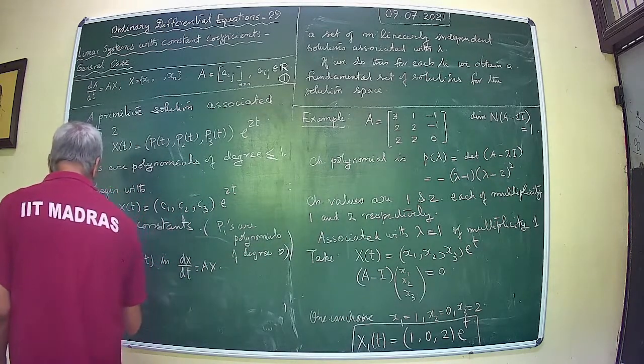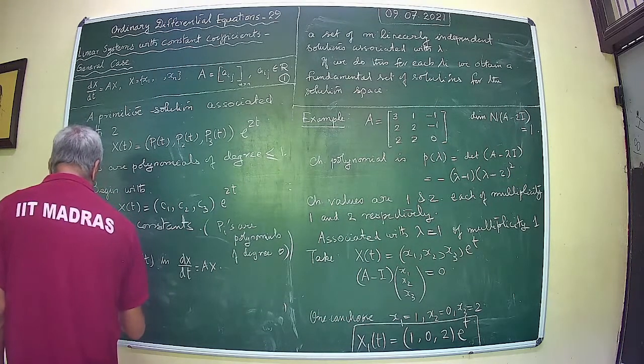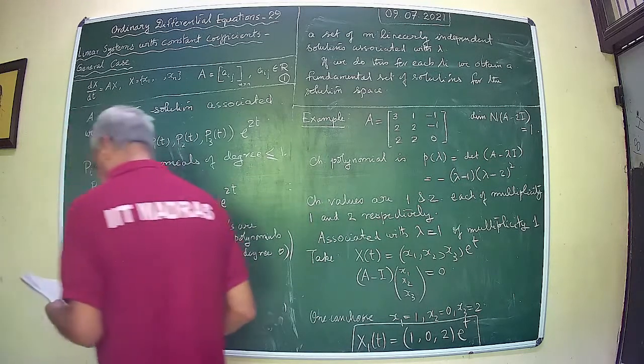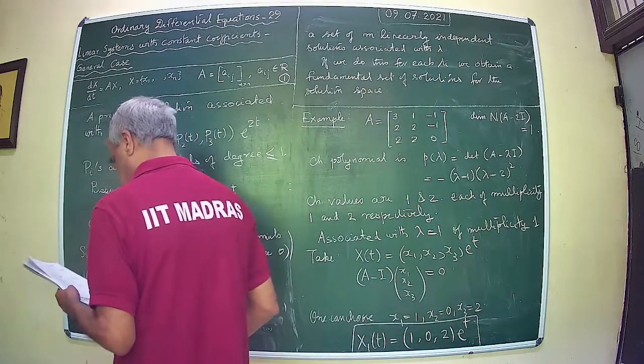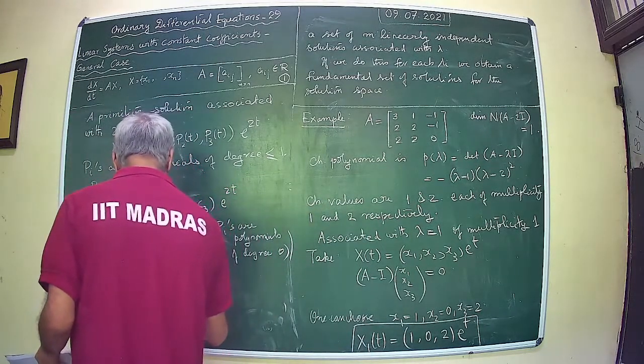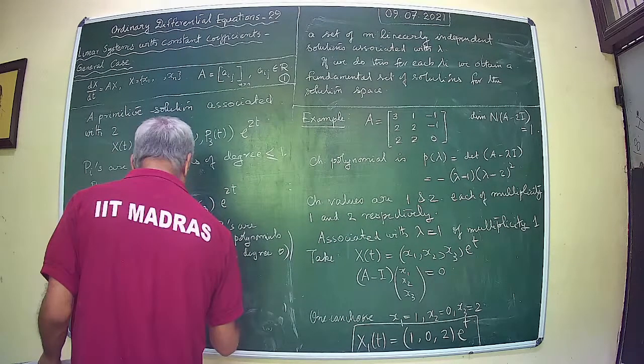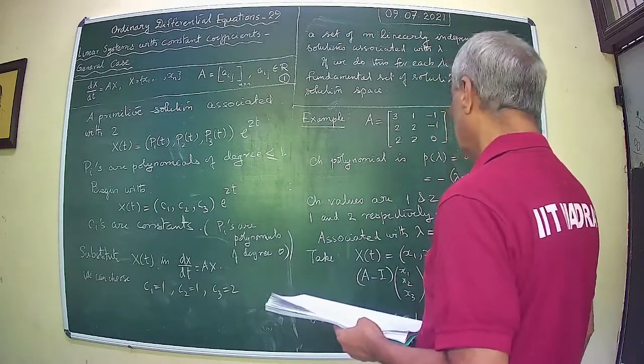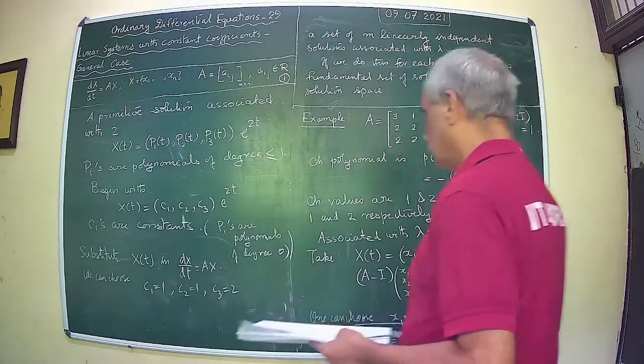So we can choose C1 equal to 1, C2 equal to 1, so what is x2(t)?